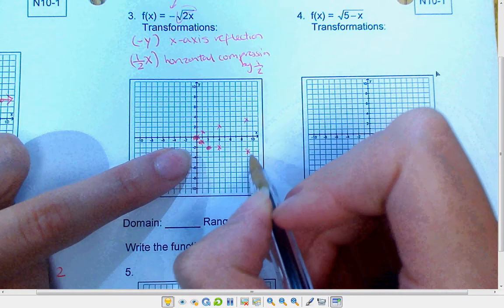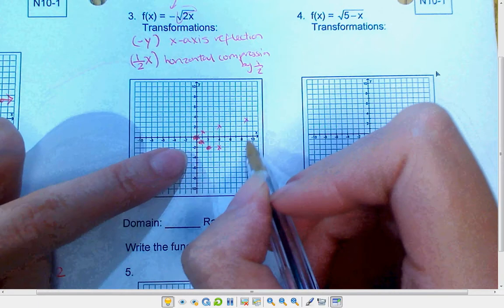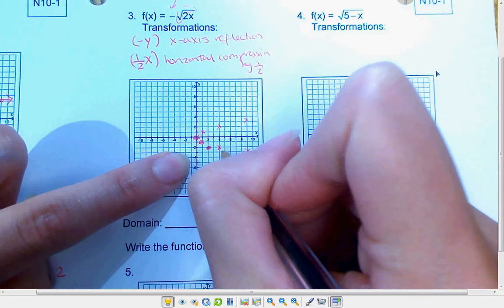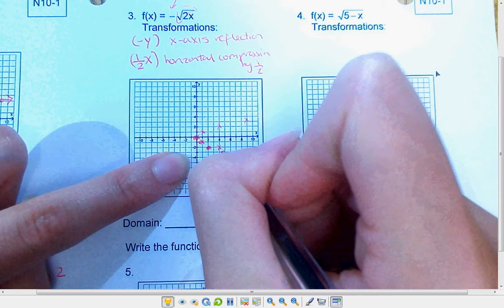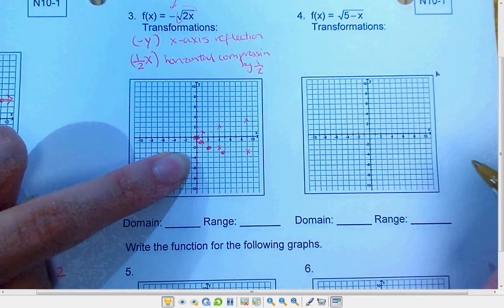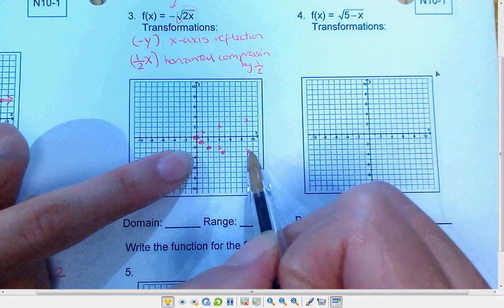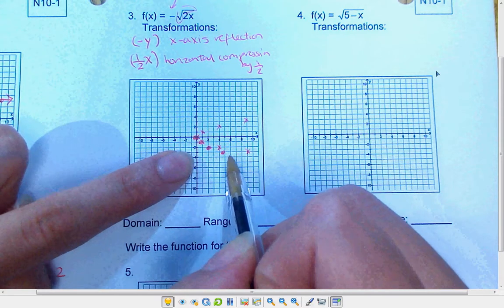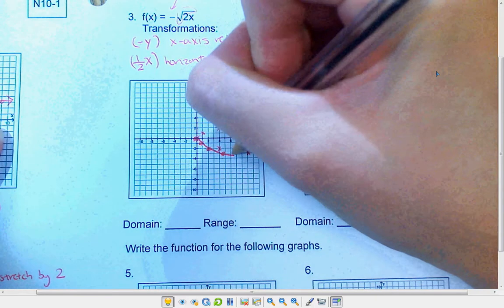Right now my x value is 9, and I multiply my x by 1/2, so I'm going to half that. Half of 9 is 4.5. So my new point is going to be about right here. So see how I squished it horizontally? It used to be 9, now it is 4.5. And I'm going to connect all 4 of these points.